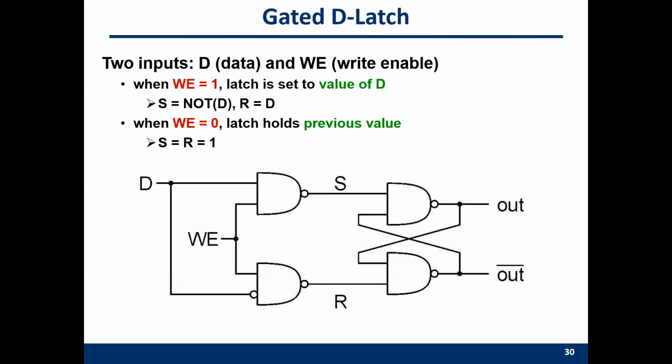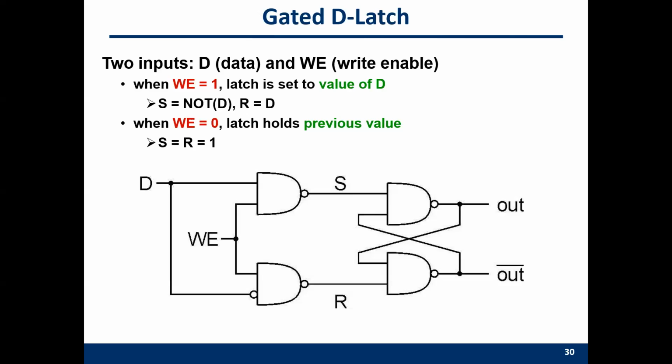So when we set a 1 to W, which is the write enable, the output here will be the same as D, no matter whether D is 0 or 1.